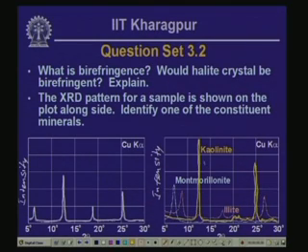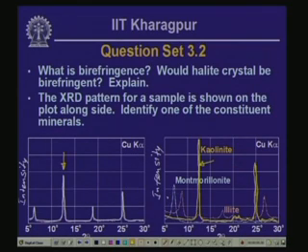Now, what you can see is that for the unknown mineral provided to you, there is a peak at about 12 degrees 2 theta, and in kaolinite also we have a peak at a similar angle.